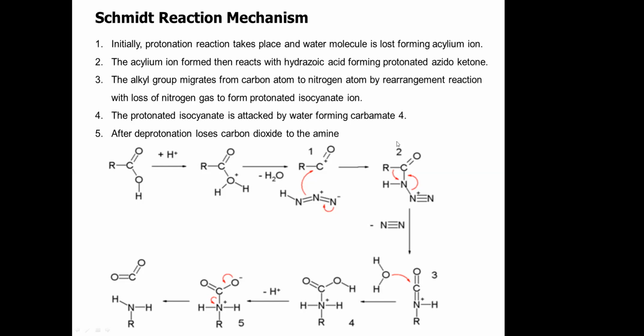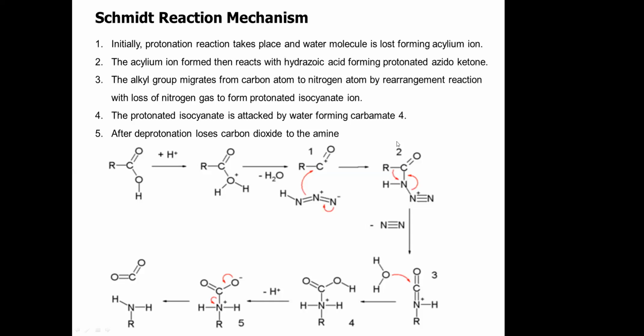Okay, this is followed by, once you have this azidoketone, the alkyl or the hydrogen which is substituted on the carbon. There is a migration of the alkyl group from the carbon to the nitrogen.